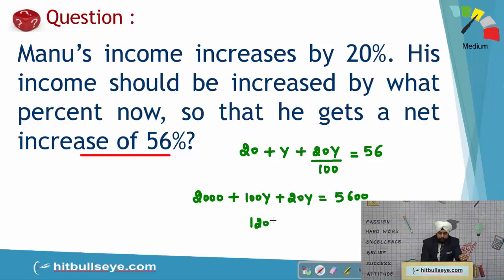So solving this, 120y is equal to 3600, or value of y happens to be 30. So this means there is 30% increase in the second scenario. So your answer for the question is 30%.